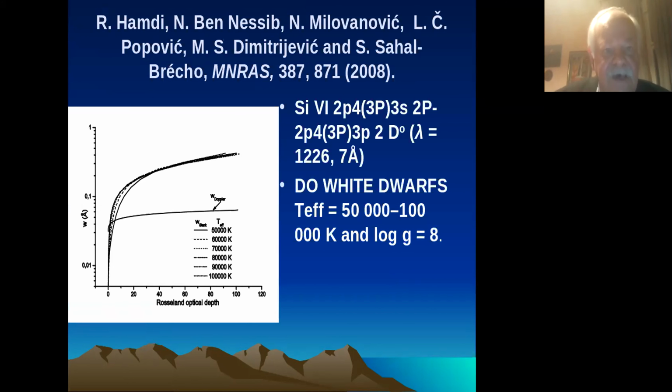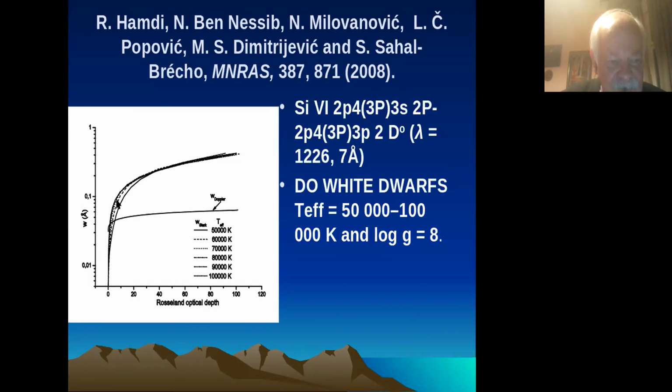Here is an example of our investigation. Rafik Hamdi, Nevil Ben Nessib, Nenad Milovanović, Luka Popović, myself, and Sibisal Brešo studied the influence of Stark broadening of silicon lines in DO white dwarfs with effective temperatures between 50,000 and 100,000 degrees and logarithm of surface gravity 8.